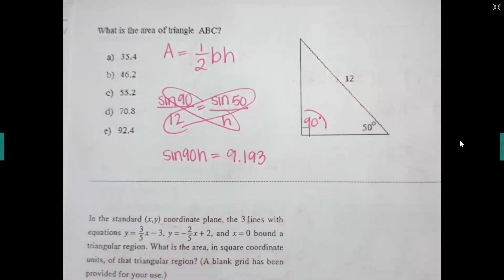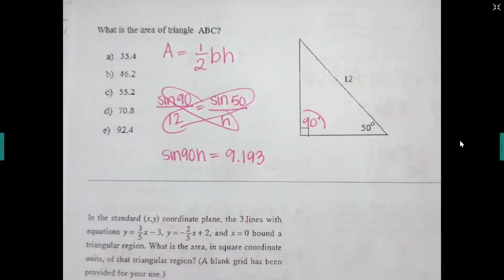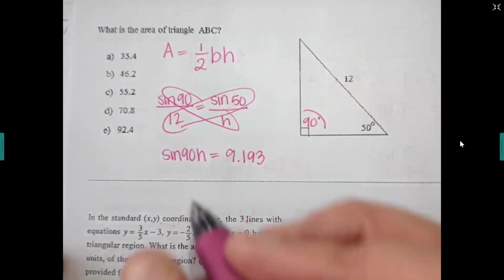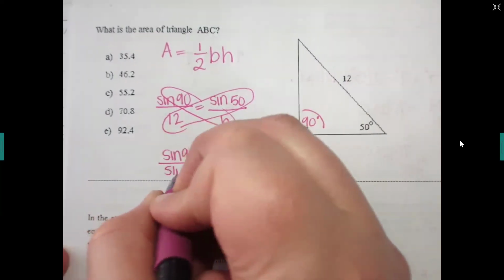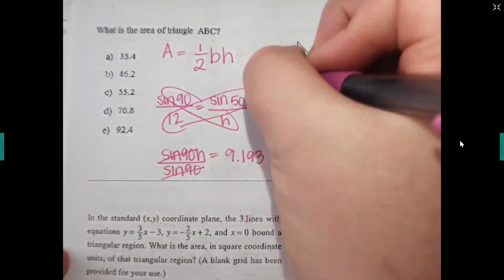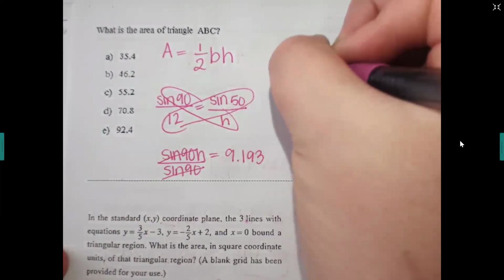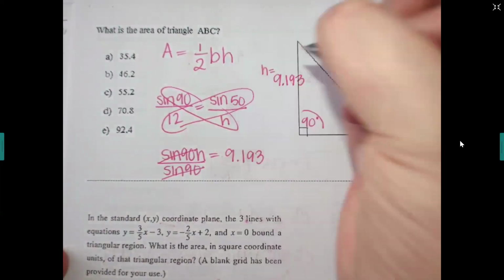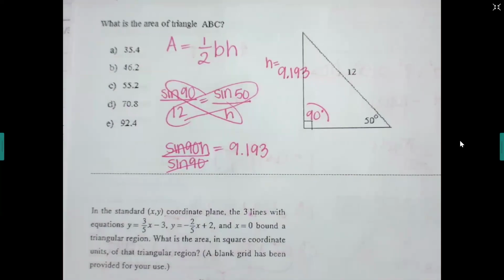And then what's my next step, to divide by what? Sine 90, and does that change it? Remember, whenever you divide by sine 90, it's just going to keep that number the same. So I'm going to put that this side is 9.193. That's the height. Okay, what's the other side that I need to find area?